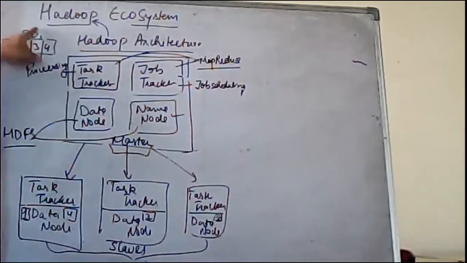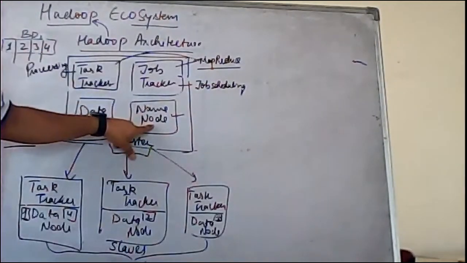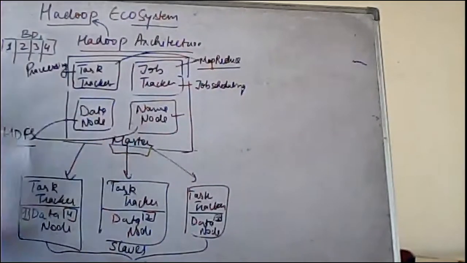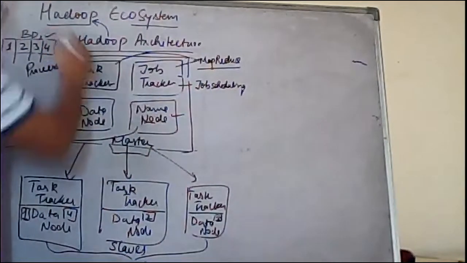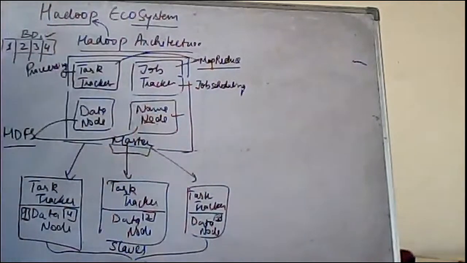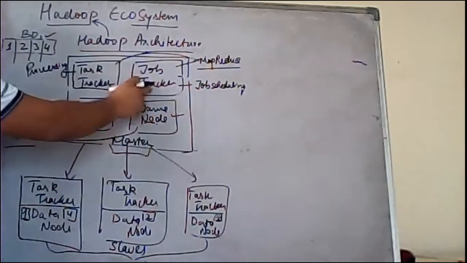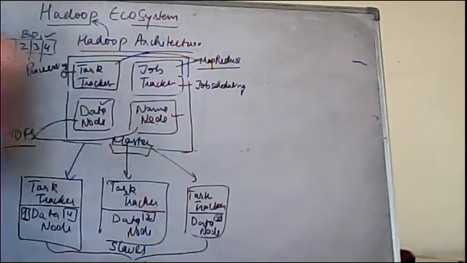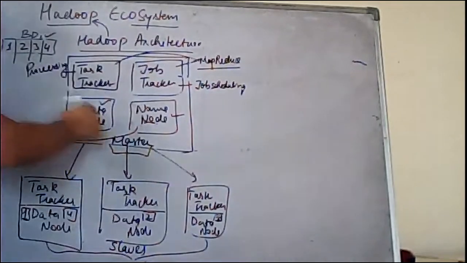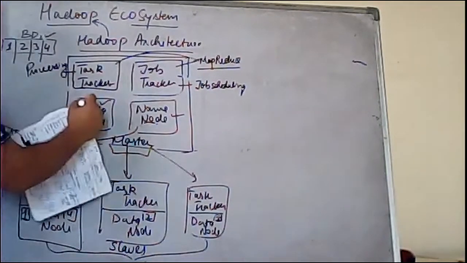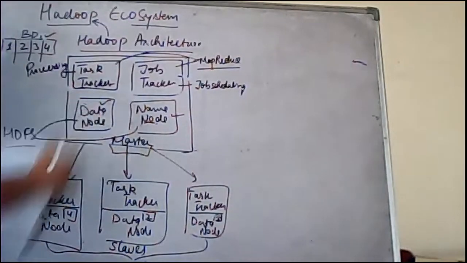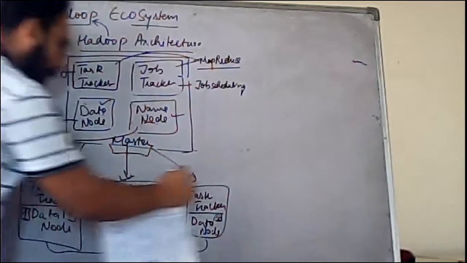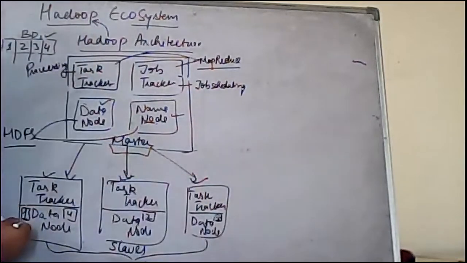This data will be given a name, and that name should be stored in your name node. The name of that block should be stored in your name node, and when it is distributed by job tracker to different slaves, the data node will keep a record of each and every slave, which data is distributed to which data node.